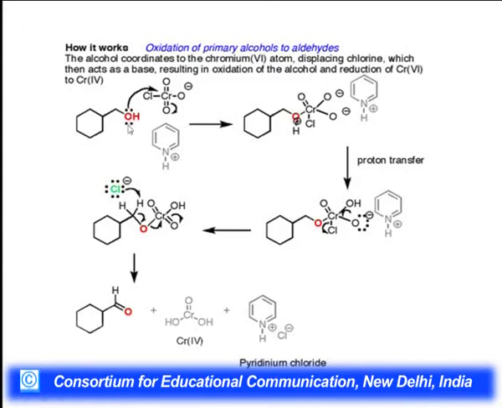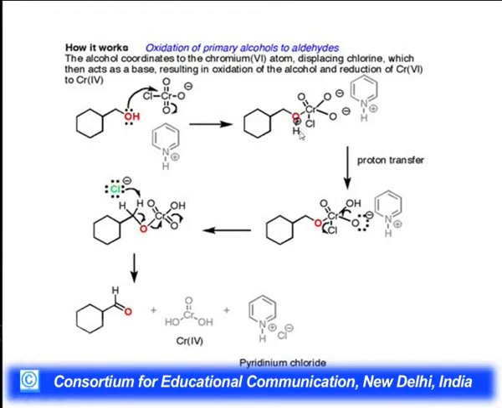So when this lone pair of electrons reacts with chromium here, we get this intermediate. Now we find that in this, chromium is attached to too many atoms, and we get a protonated oxygen, a positive charge on oxygen here. So we get a protonated OH here.